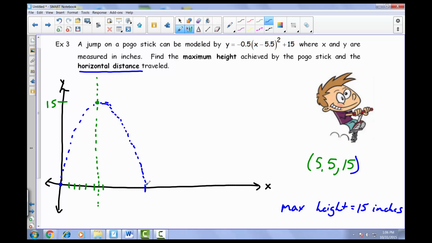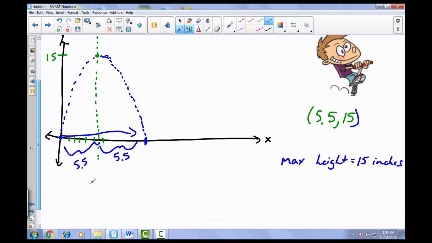As a result, he should be landing at 5.5 again on the right as well, giving us a total of 11 for the horizontal distance that he traveled. So our horizontal distance should come out to be 11 inches.